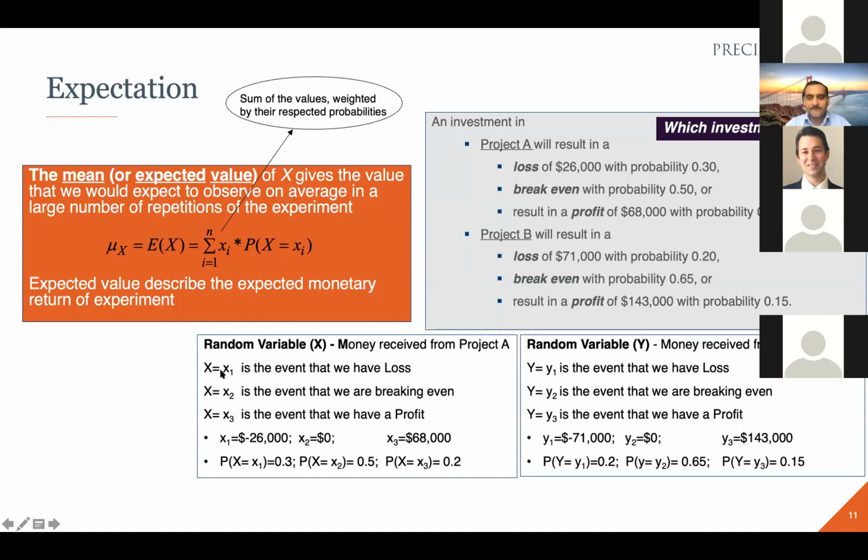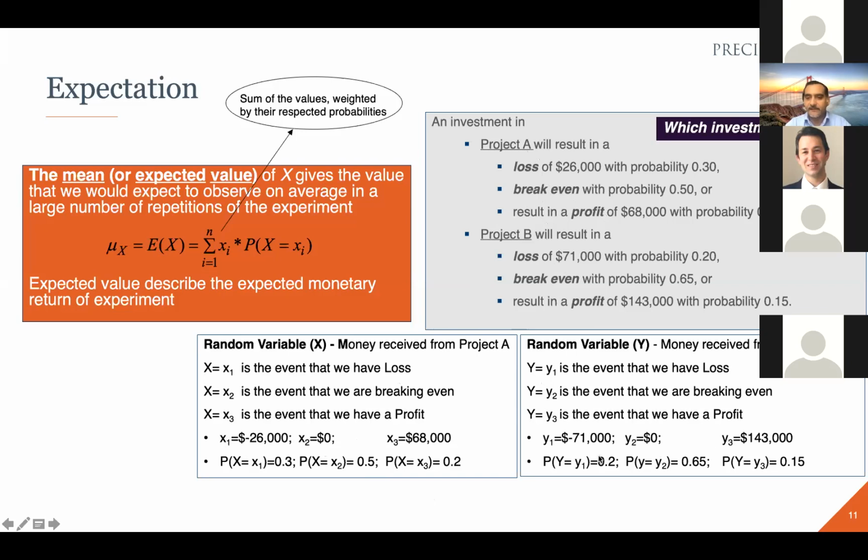Suppose X is the variable that I'm using for project A, and Y is for project B. Then X1, X2, X3 are the three values given to you for the money received from project A, and similarly for project B. Break even means $0, loss means negative, and profit means positive.